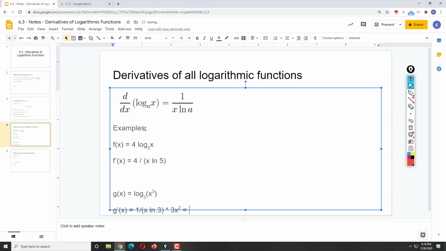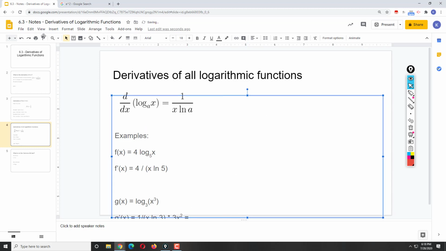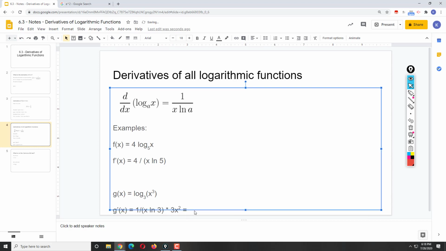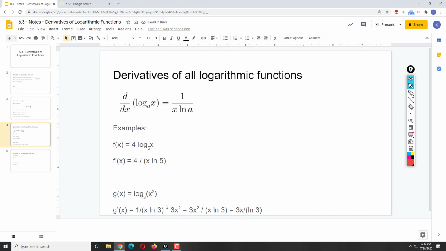So to simplify this, this is going to be 3x squared divided by x ln 3. We can simplify this further. x squared divided by x is x. So it's really 3x over ln 3. And that's it.